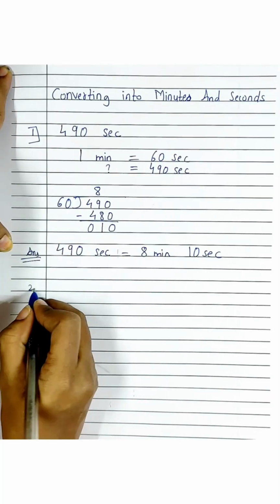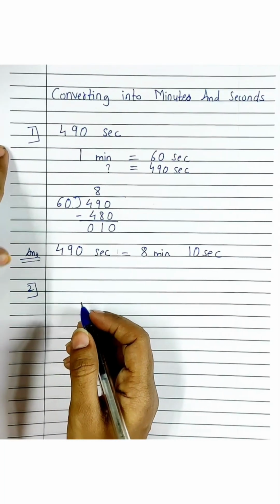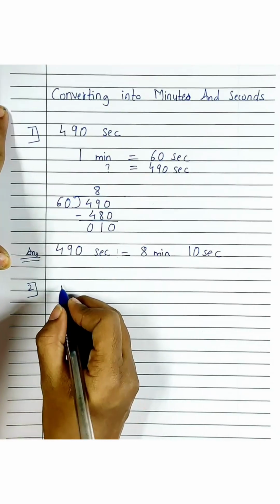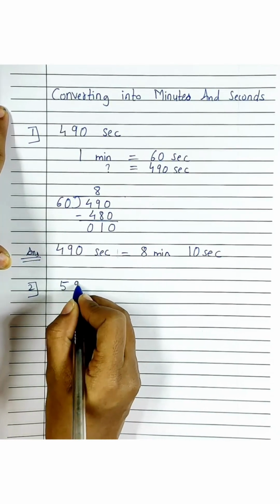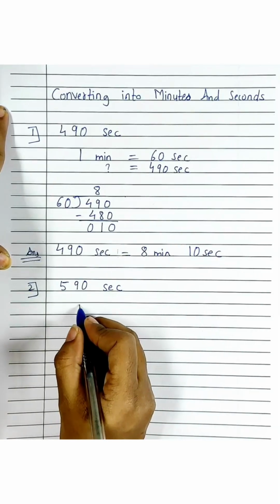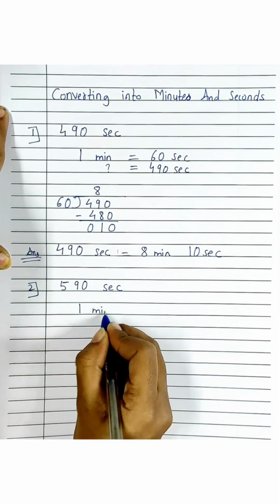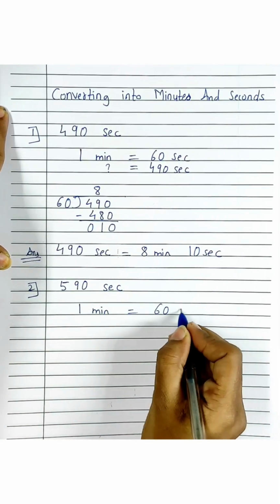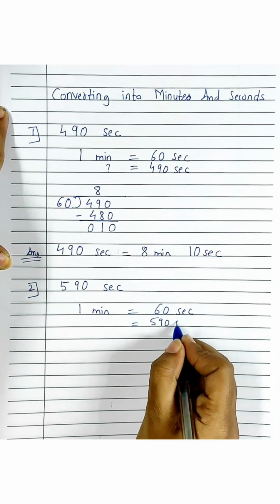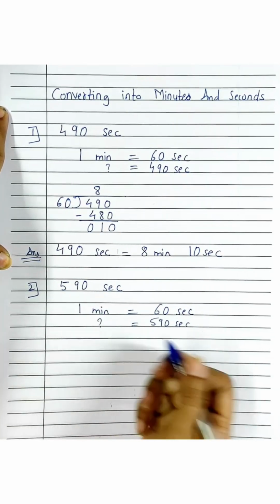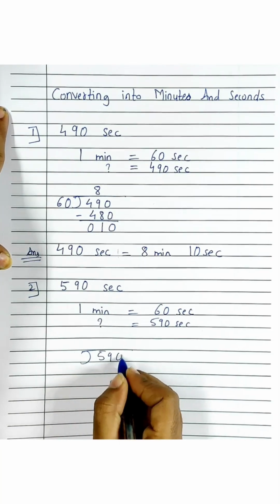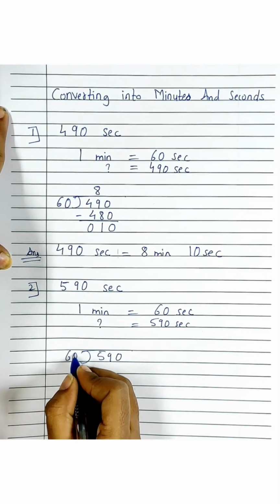Let us take a second example. Yes, 590 seconds. Again, in 1 minute, there are 60 seconds. So, in 590 seconds, how many minutes are there? Simply you have to divide 590 by 60.